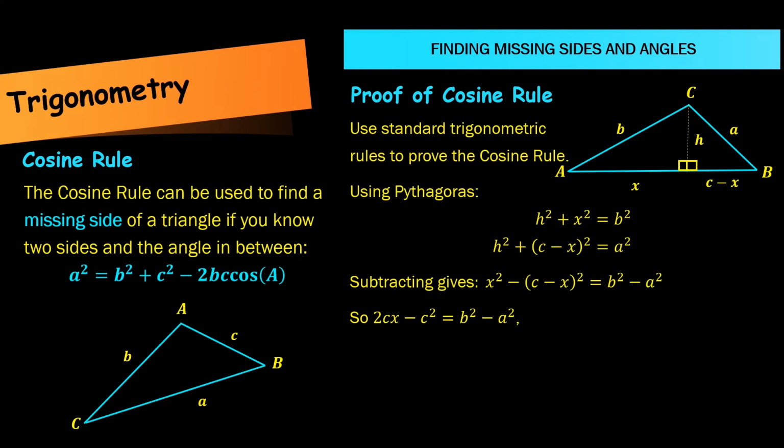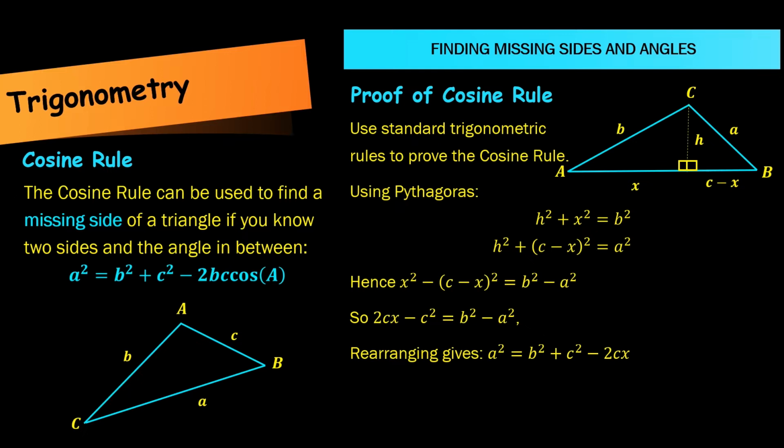So tidying up and rearranging gives us 2cx minus c squared equals b squared minus a squared. And rearranging gives a squared equals b squared plus c squared minus 2cx.